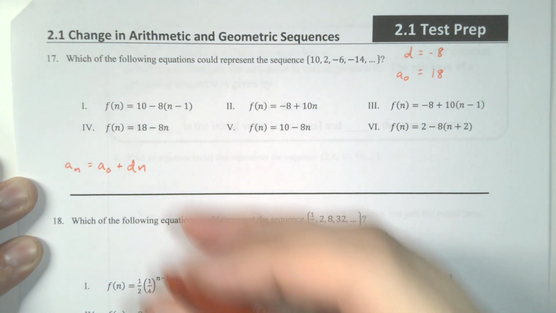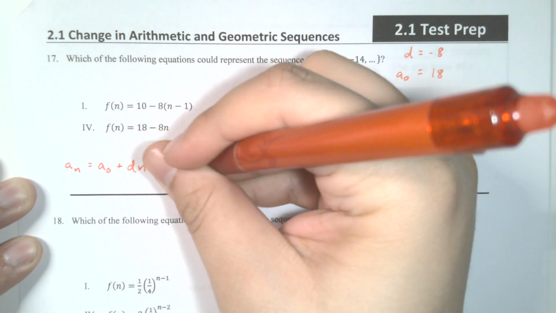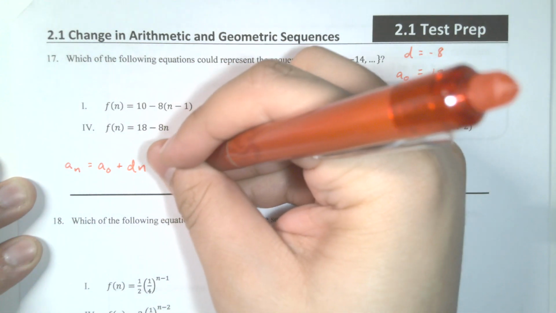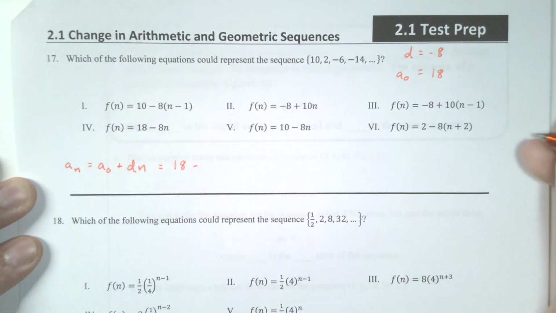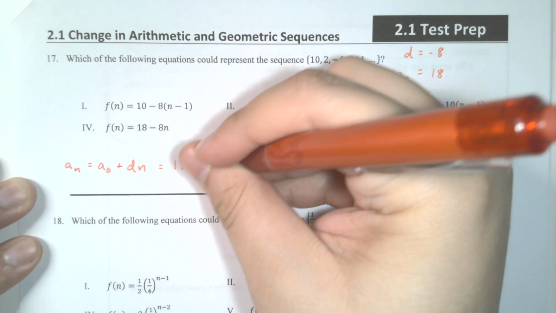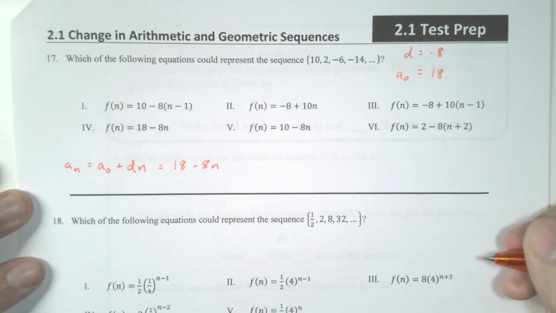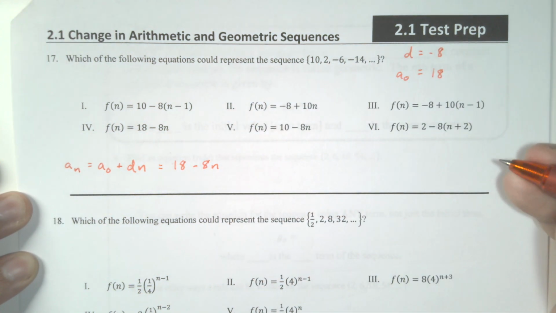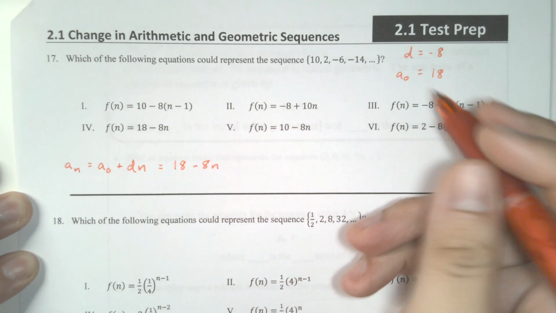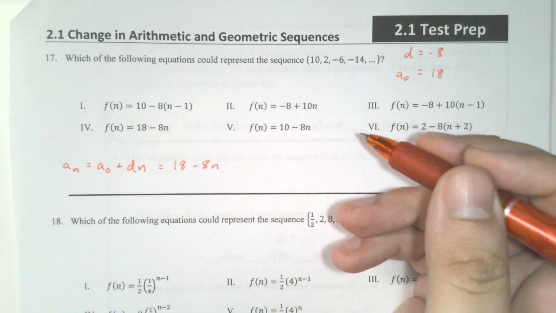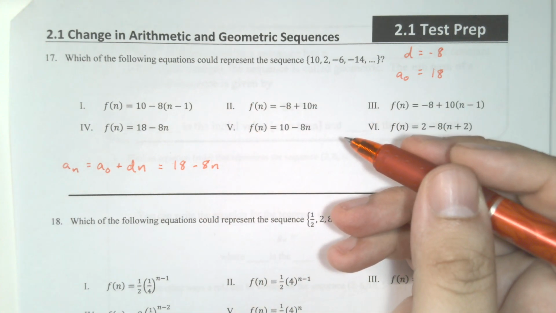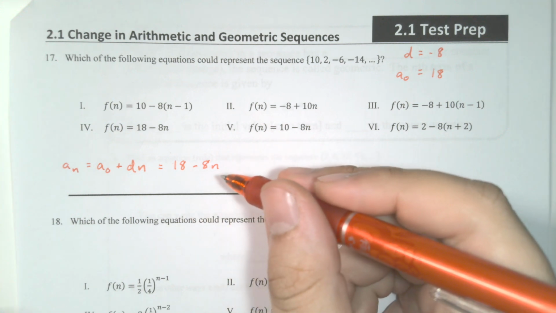Well, in this case, that's just going to be a sub 0 is 18 minus 8n. So, let's see how many of these, because it's multiple ones that it could be, are equivalent to 18 minus 8n.